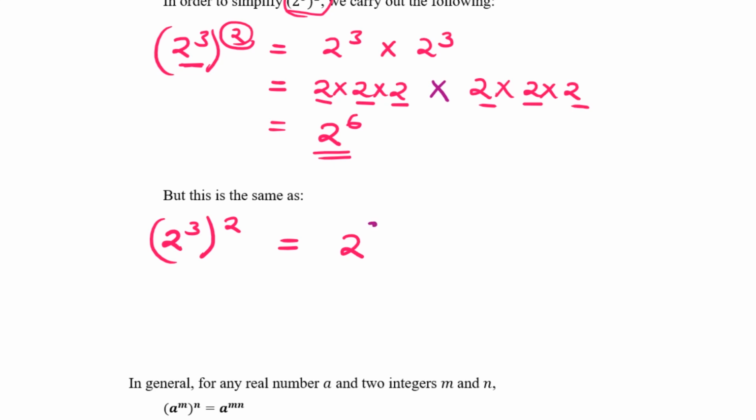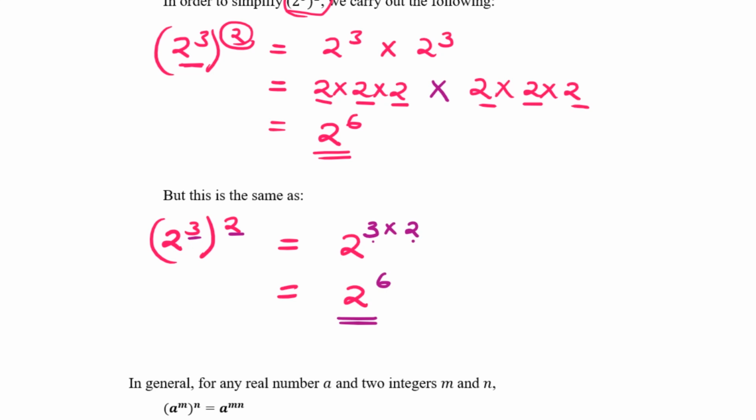We say 3 times 2, so there is a power 3 there and a 2. I multiply them and this gives us 2 power 6. So instead of multiplying out like that, we can just say this is 2 power 6 by multiplying 3 times 2.